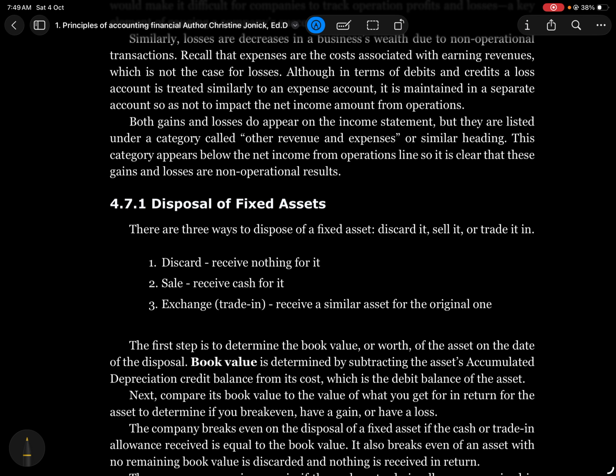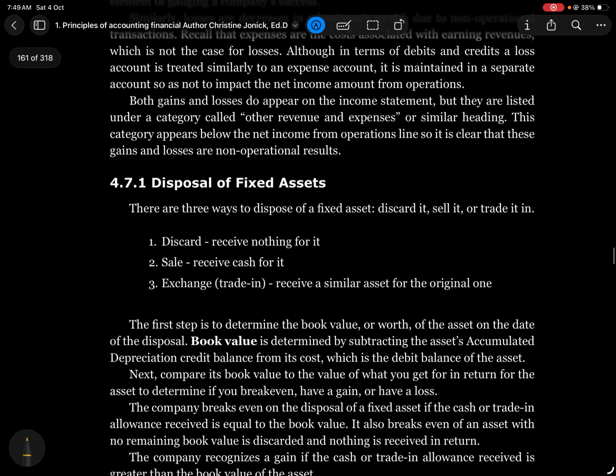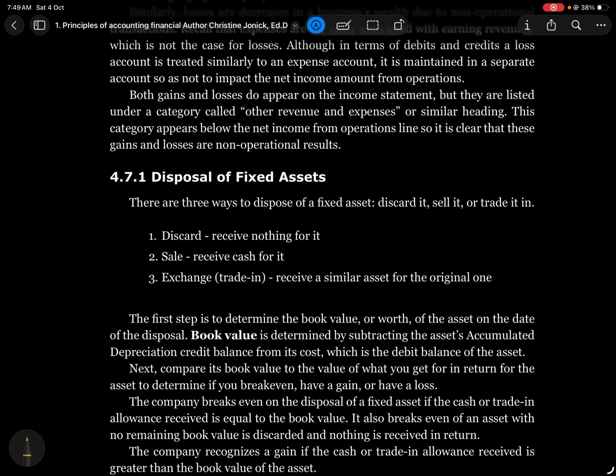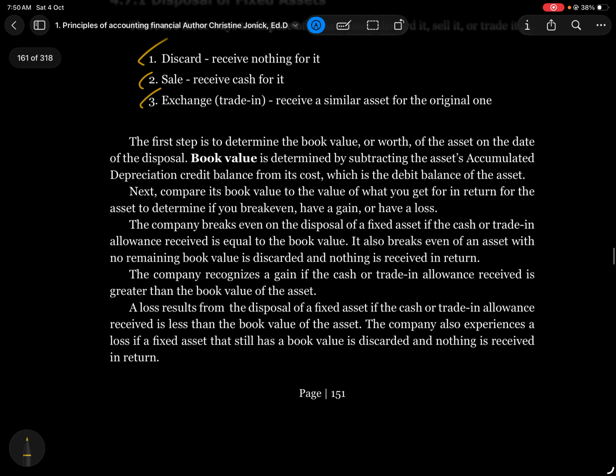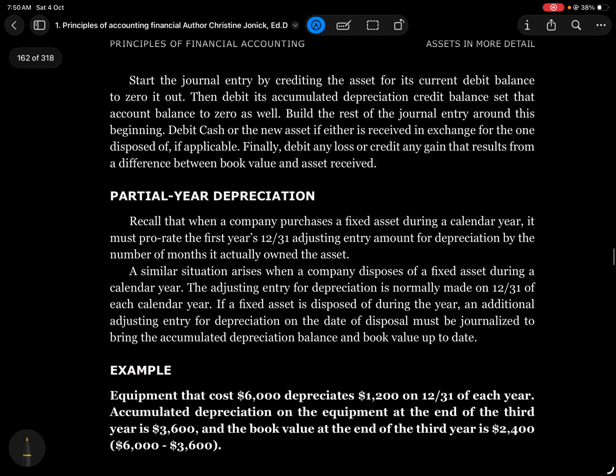Right. So whenever we are discarding or disposing of any fixed assets, there could be three scenarios, right? So we are discarding it for nothing. It could be a sale. It could be an exchange, right?